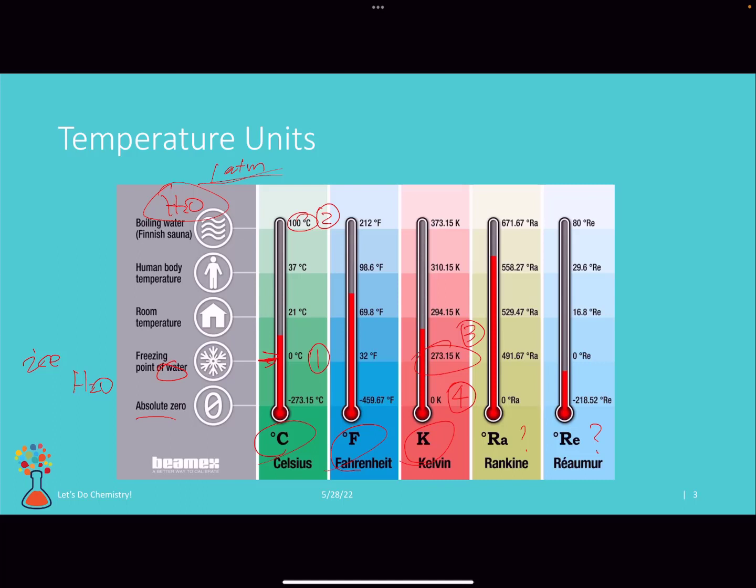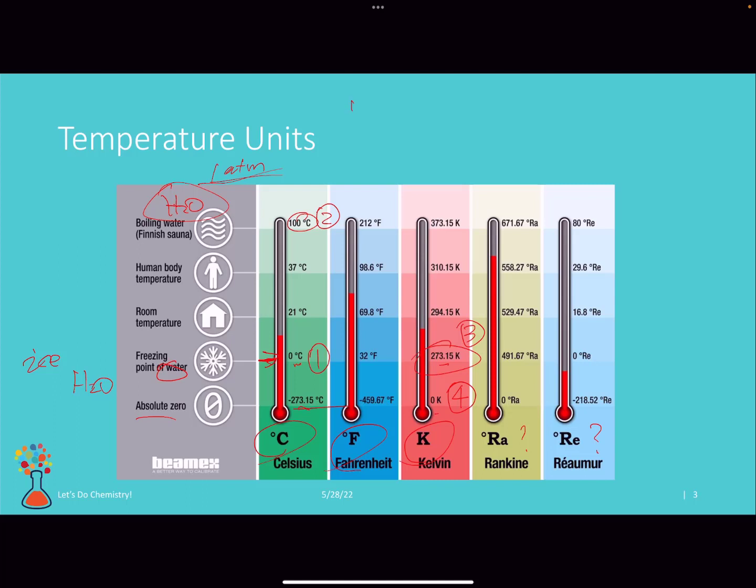So this is a very low temperature. If you convert it to the Celsius degree, that will be minus 273.15 Celsius degrees.